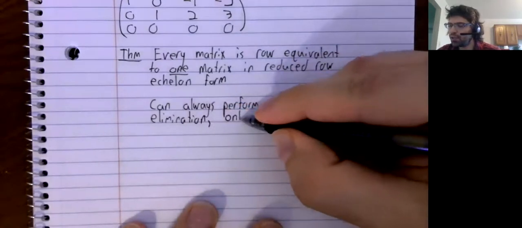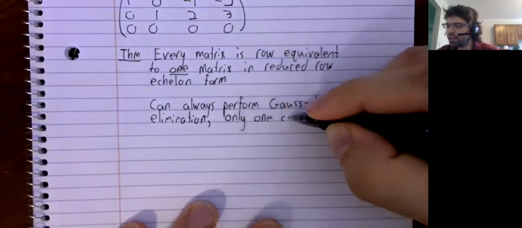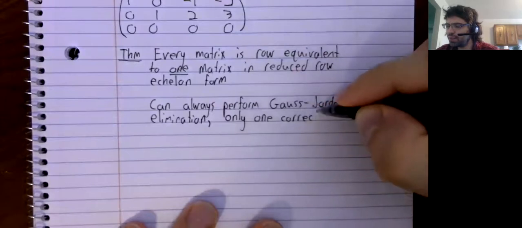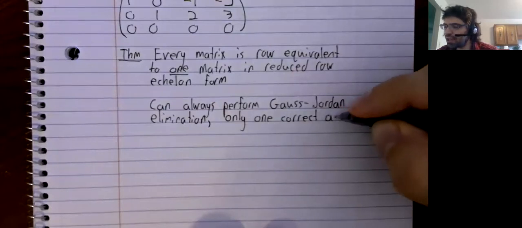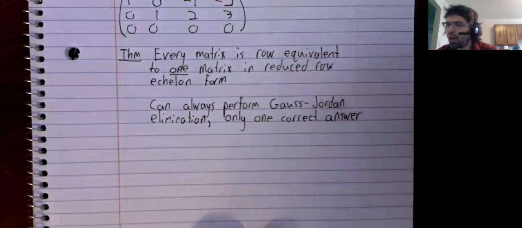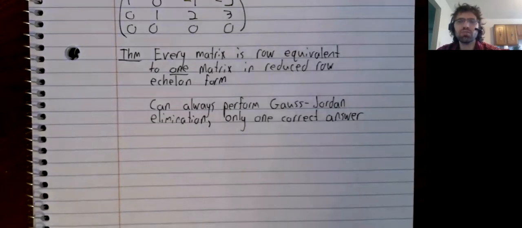And when we do perform Gauss-Jordan elimination, if we do it correctly, we can only get one matrix. This is as opposed to Gaussian elimination, where two different people could correctly perform Gaussian elimination on a matrix and get two different matrices.